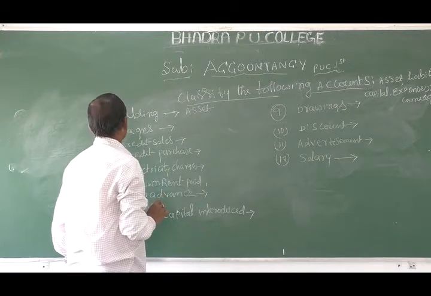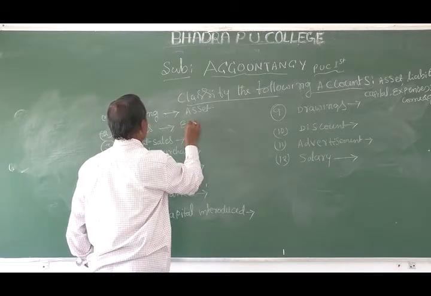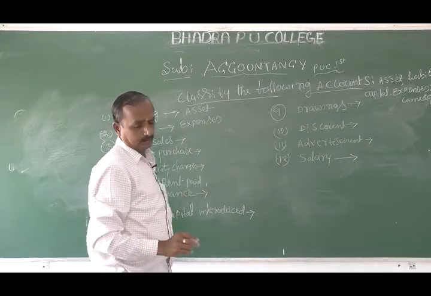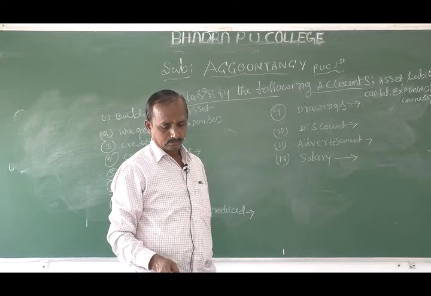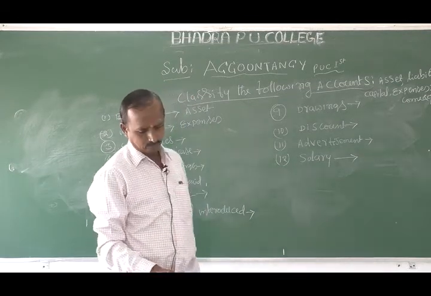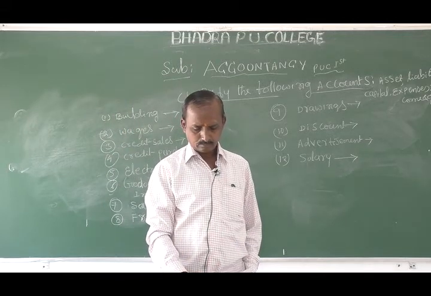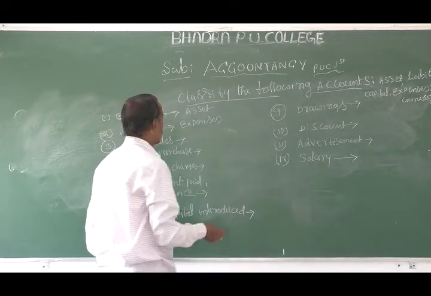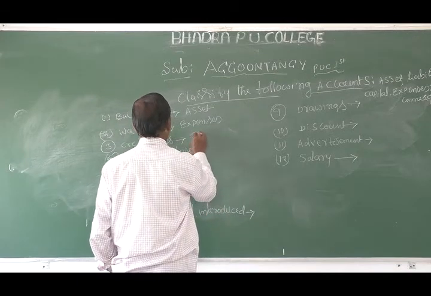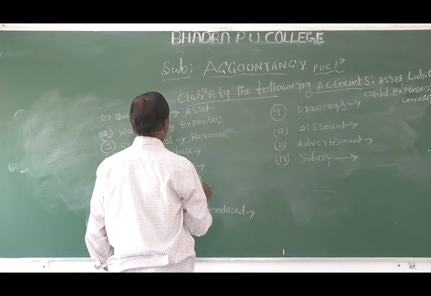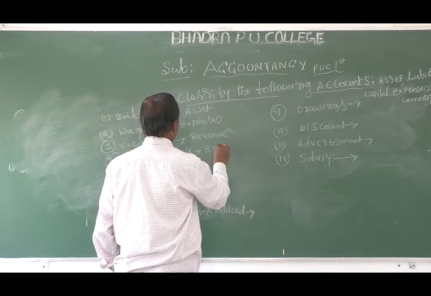Building is an asset. Wages, expenses. Credit sales, revenue. Credit purchase, expenses.